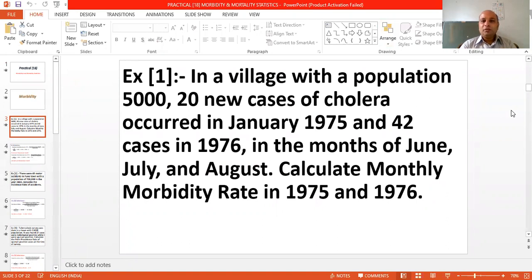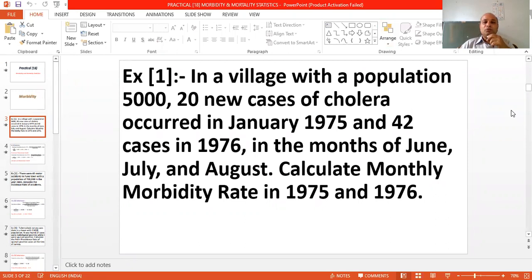In a village with a population of 5,000, 20 new cases of cholera occurred in January 1975 and 42 cases in 1976.